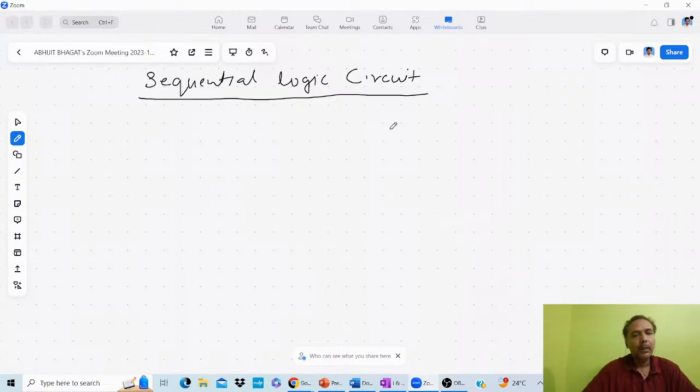So first we go through the definition of sequential logic circuit.